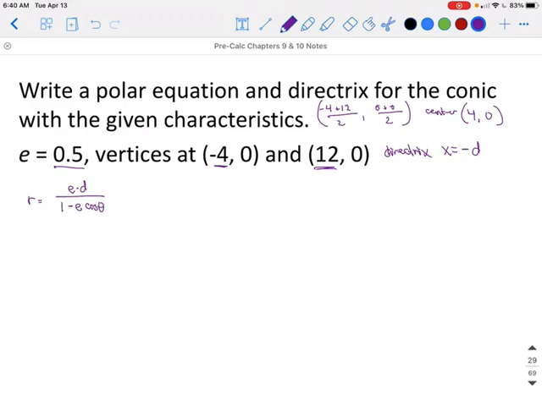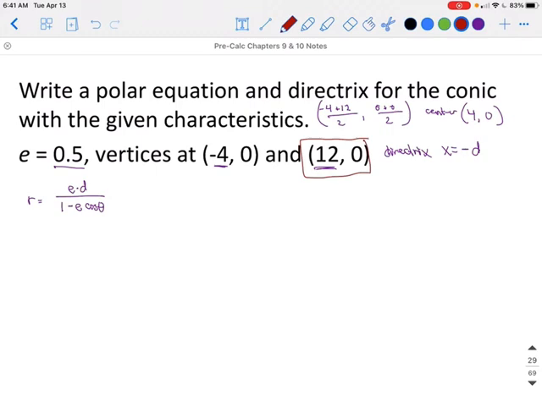Now we're going to use e and the polar form of one of our points to find the d value for our equation. So because our center is to the right of the pole, we are going to take a point that is to the right of the pole, and we're going to write this rectangular point into polar form.